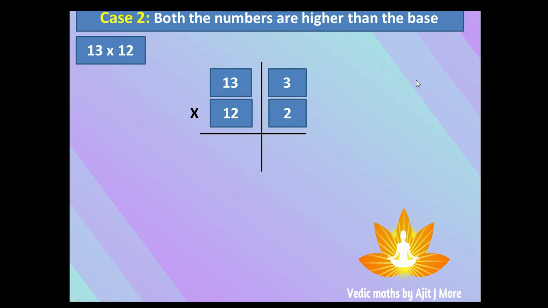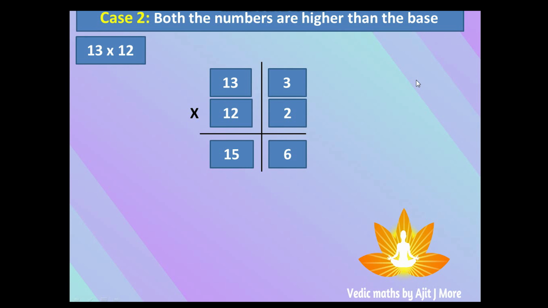Now the next step is the same as usual, like case 1. The first part of your solution will be diagonal addition and the second part is vertical multiplication. Now tell me, 13 plus 2 or 12 plus 3, the answer is the same, that is 15. You get the first part, and the second part is vertically multiplied, that is 3 into 2 is 6.